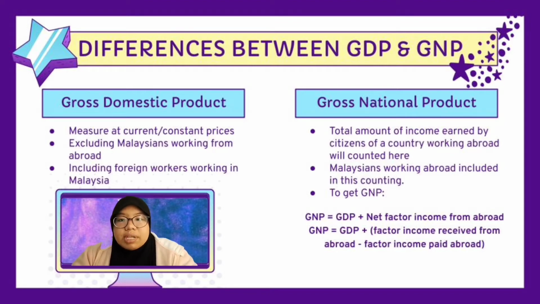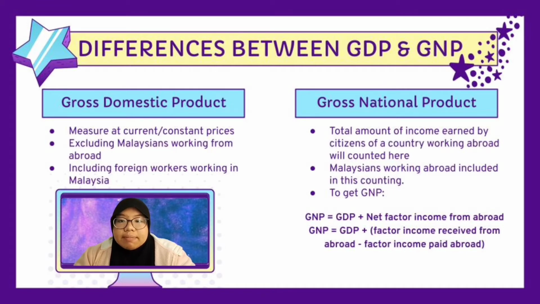The difference between the two is that GDP focuses on measuring at the current or constant prices and excludes Malaysians working overseas. This is because GDP only counts the production that occurs inside the country itself. In addition to that, GDP also counts any foreign workers that are working in Malaysia, as it is part of factor of production.